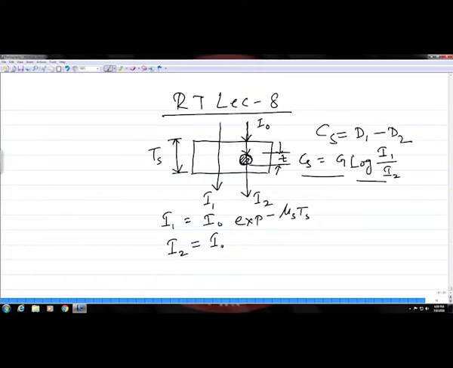So, there are two components in this case, one through the parent material of thickness Ts minus t, so that much of parent material which is this plus this part, and then it is going through this inclusion also of thickness t.